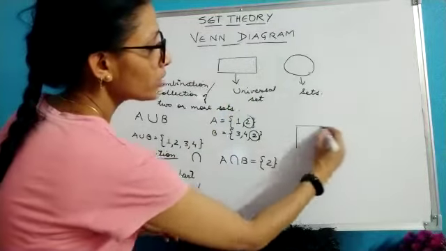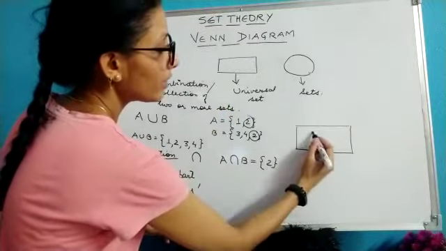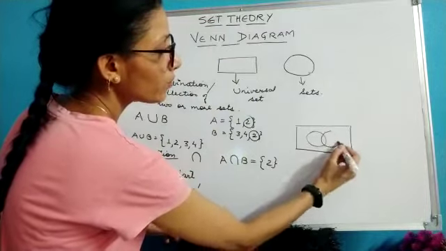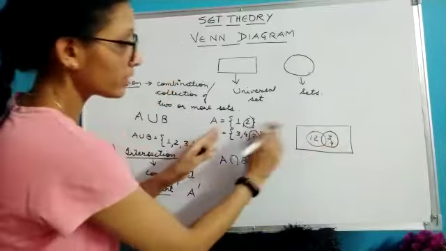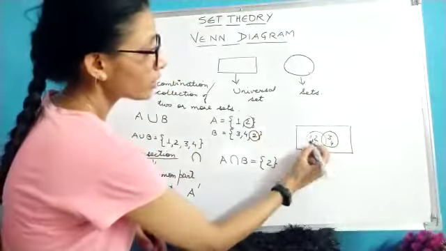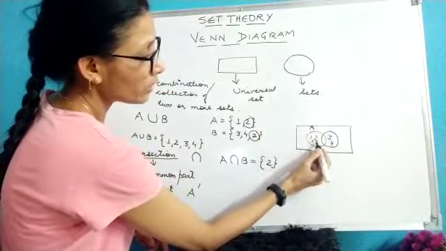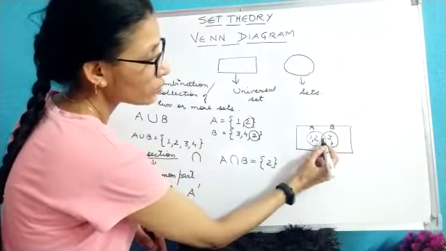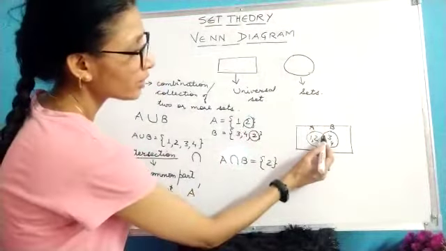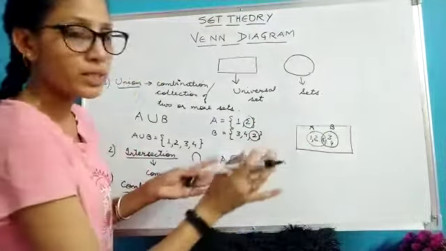So say this is my universal set, and if I have A over here, B over here, say it is 1, 2, 3, 4. I am taking a different example. Now your set A contains 1, 2, your set B contains 3, 4, and say this is the common element 5. This is the area which represents the common area.